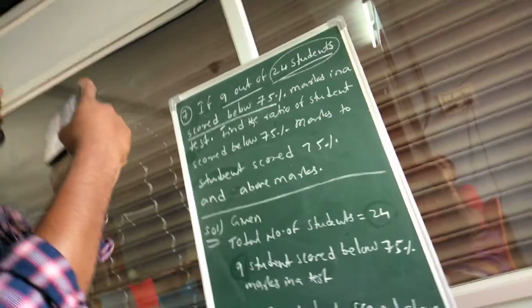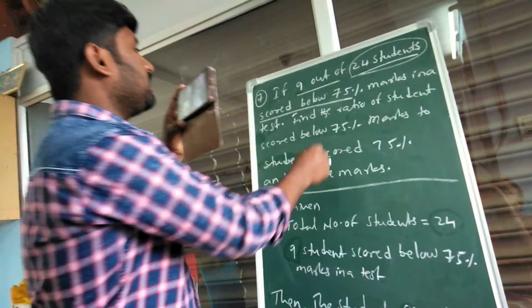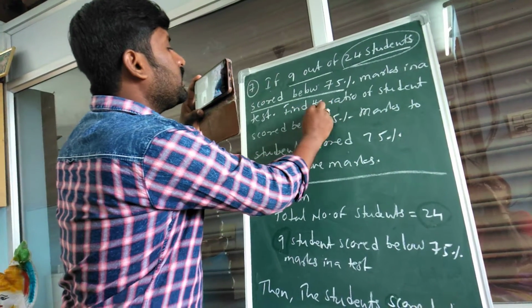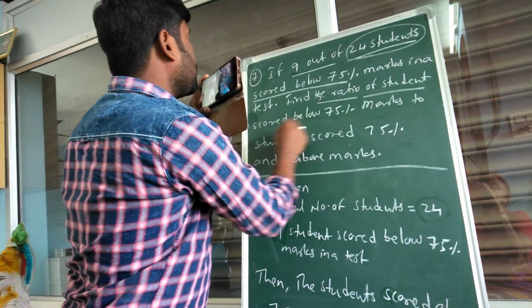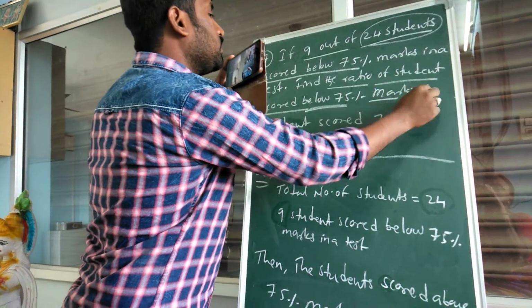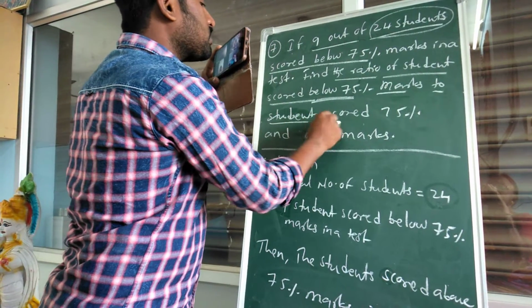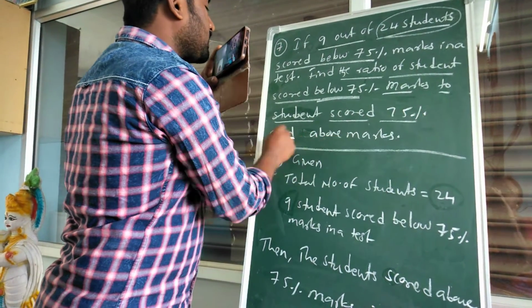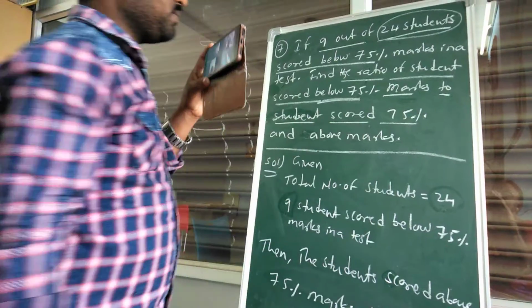Now see, find the ratio. Here given: find the ratio of students scored below 75% marks to students scored 75% and above.